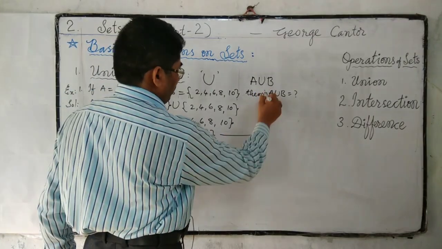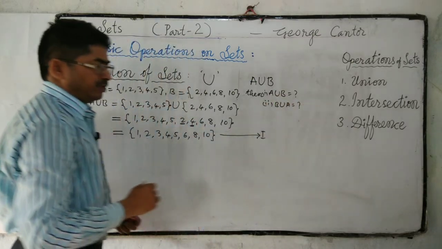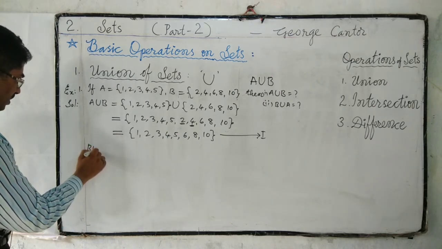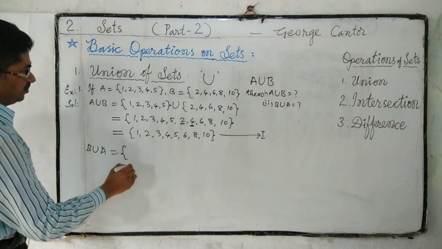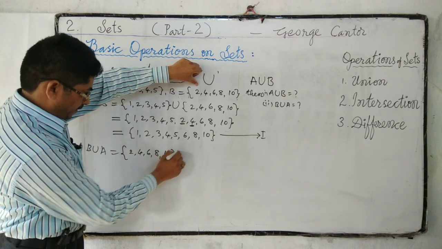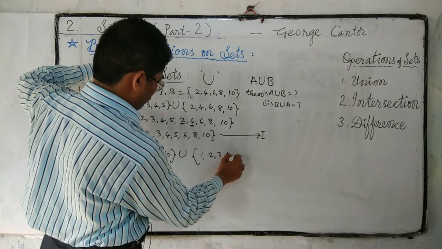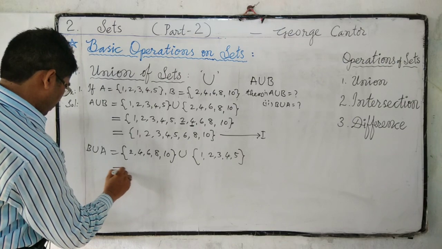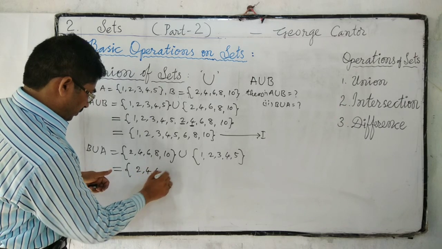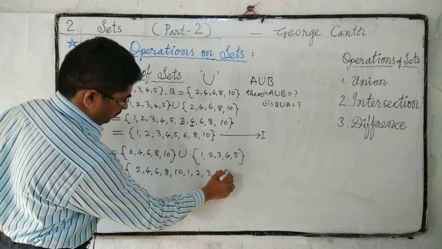Next, B union A. If there are any changes, we can identify them. First we have to write B: 2, 4, 6, 8, 10, and A: 1, 2, 3, 4, 5.